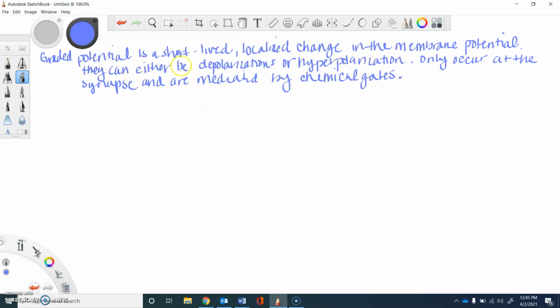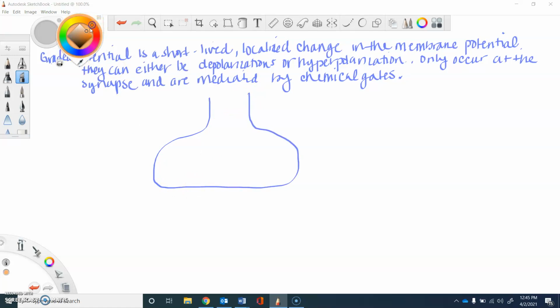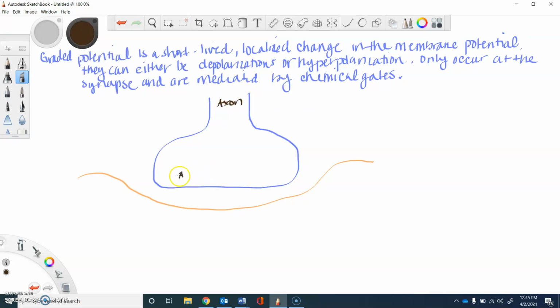All right, so if we look at a synapse, so let's just draw a synapse here. Okay, looking at this right here, this right here is an axon. That means this is the axon terminal.